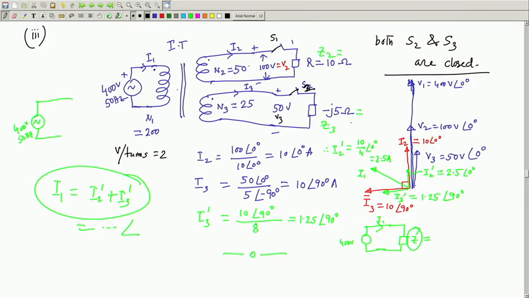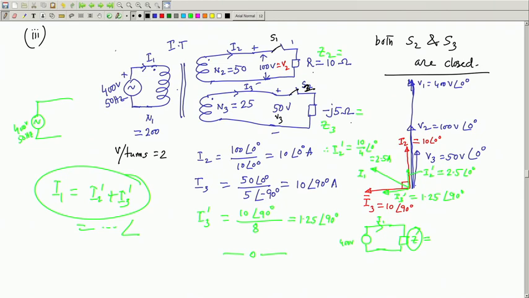If you know V 2, then you can calculate I 2, as the impedance is known. Similarly, V 3 gives I 3, and each of these currents will have its reflected component, I 2 dashed and I 3 dashed.